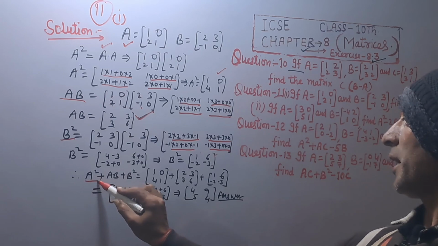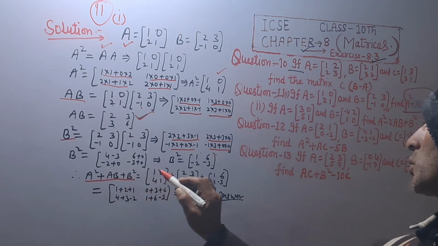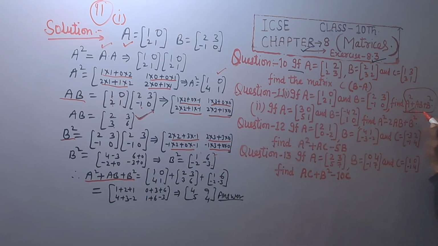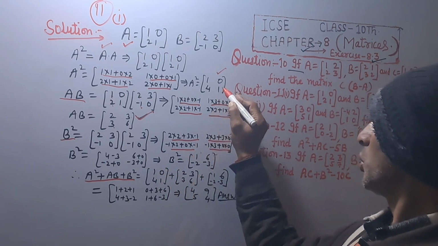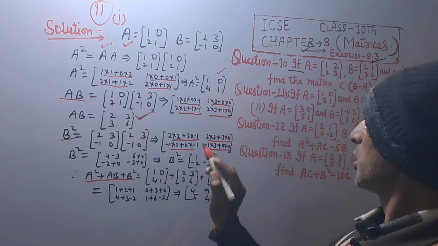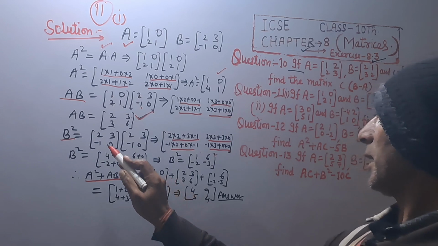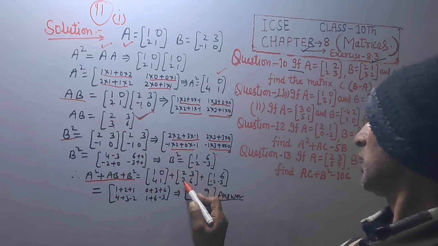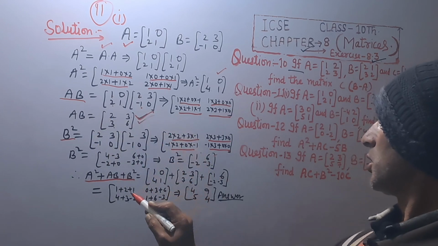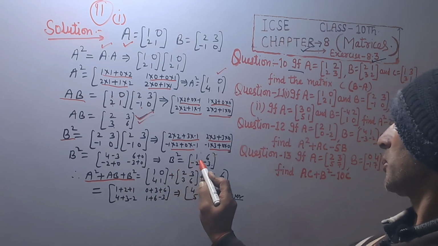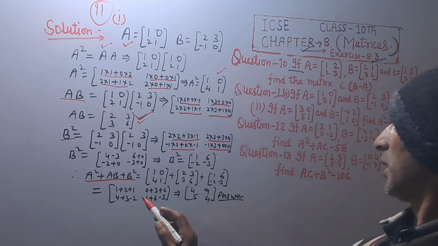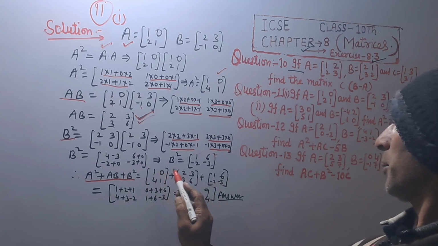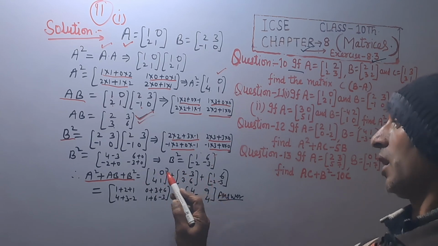And sum of A square plus AB plus B square: A square is [1, 0; 4, 1], AB is [2, 3; 3, 6], and B square is [1, 6; -2, -3]. Their sum is 1 plus 2 plus 1.